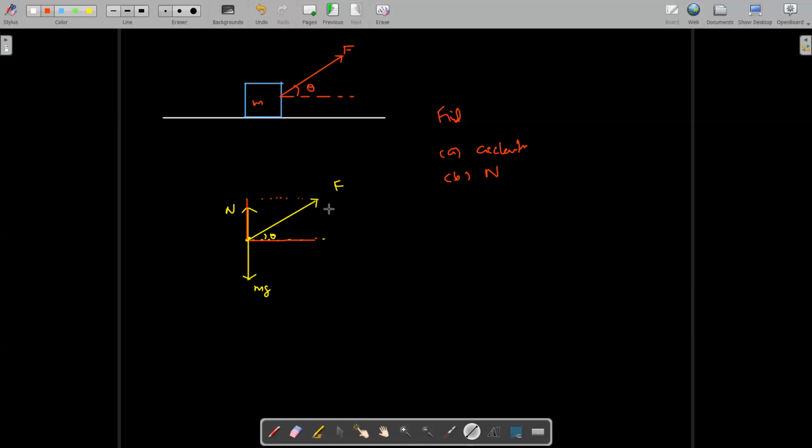So this is how we get the y component and the x component. So this will be Fx and this will be Fy, right?